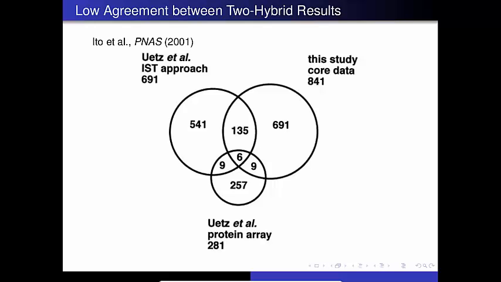These are three different two hybrid studies, and you can see that they had extremely low overlap between them. Initially, this was interpreted by many people as meaning that, oh, well, that shows that two hybrids are no good. The lists didn't agree, so that means it's no good.